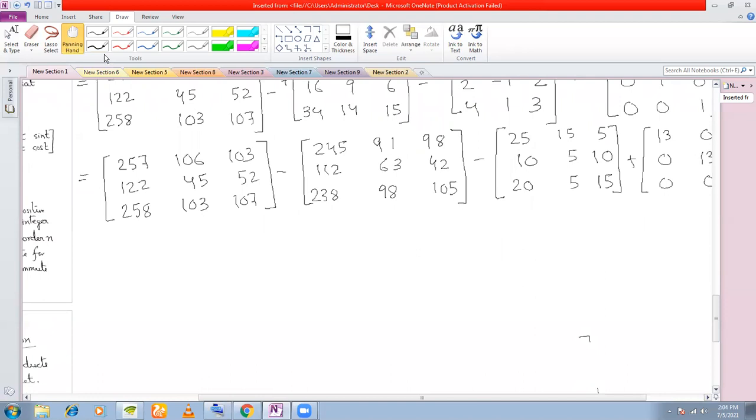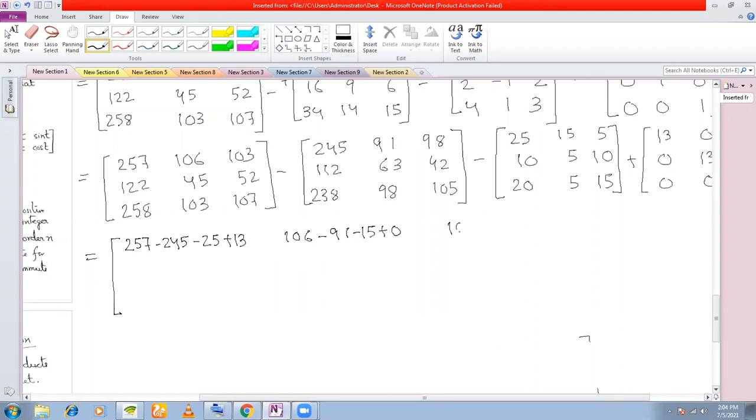And now we simply add or subtract matrices as we do. So you get 257 minus 245 minus 25 plus 13. First row, first column element. Next, 106 minus 91 minus 15 plus 0.